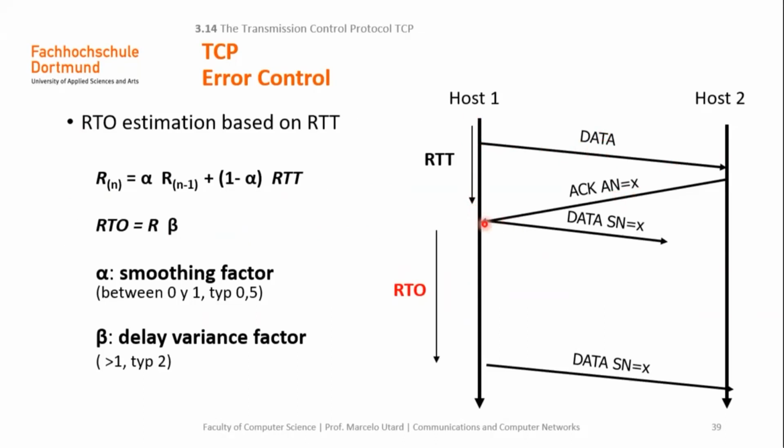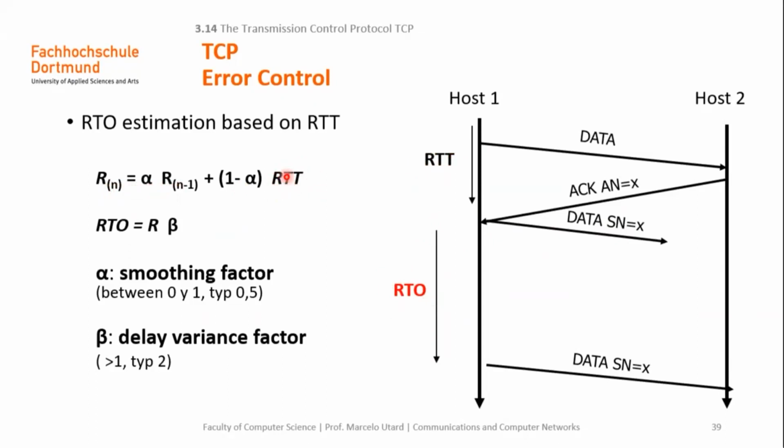Then when we send data, we could set up a timer using a retransmission timeout that is related to the measured round trip time. We measure each time we receive an acknowledgement.